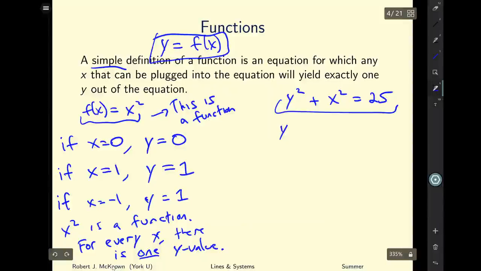I know that y squared is going to be equal to 25 minus x squared. I'll take the square root of both sides of the expression.